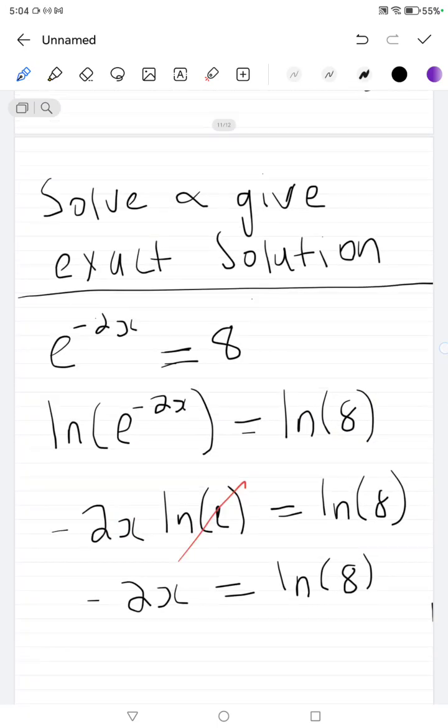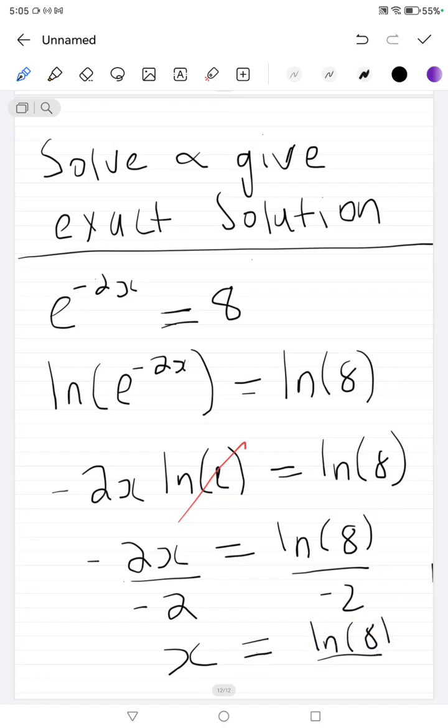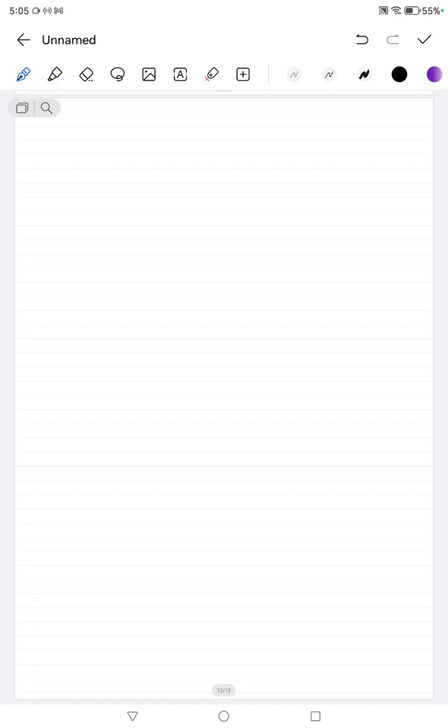Then from this one, you can just divide by your minus 2, divide by your minus 2, then your x would be equal to ln of 8 over that minus 2. Then you're done with that one.